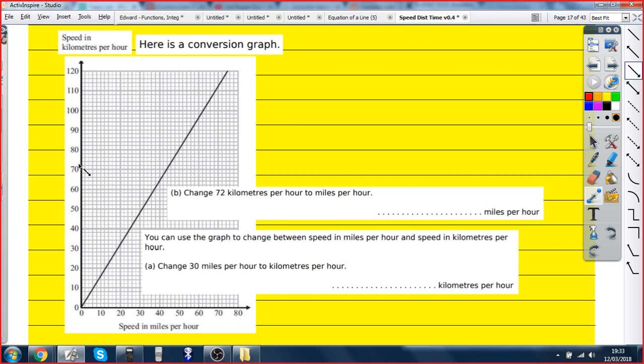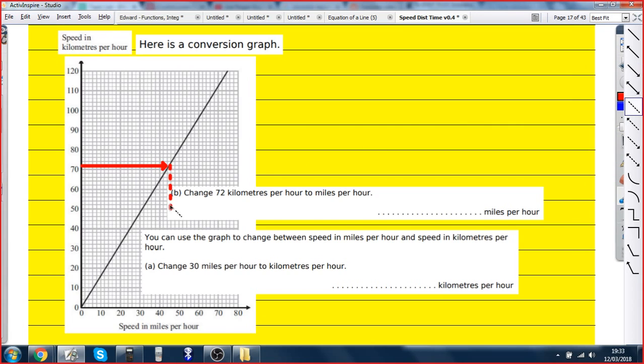And so how many squares will be 72? 1. Yeah. So we go up there, go across, hit the line. Let me just change that. And then go down, so it looks like it's just there.